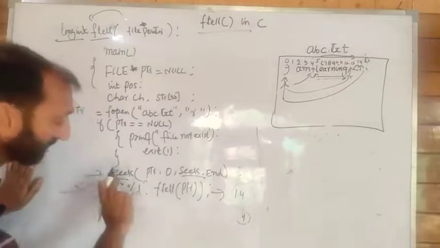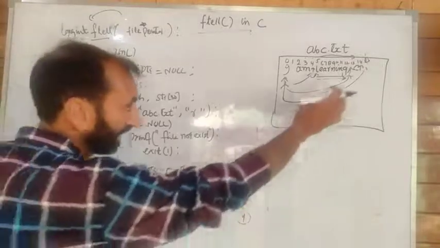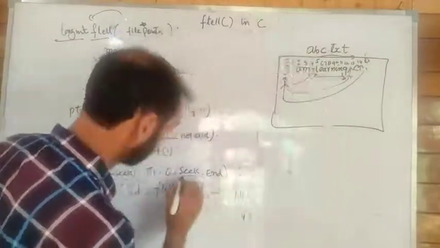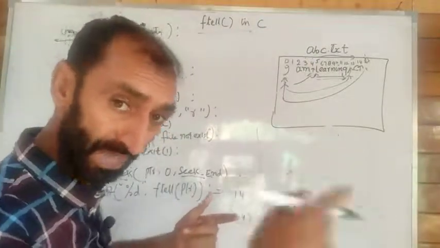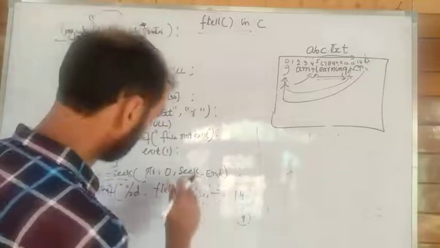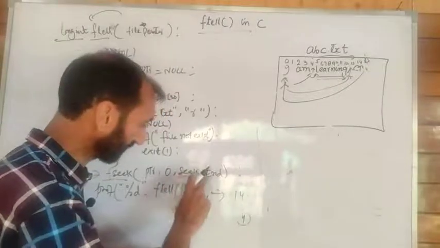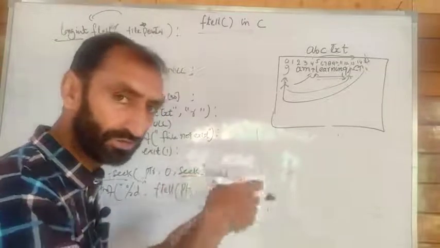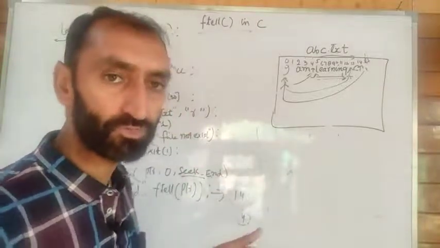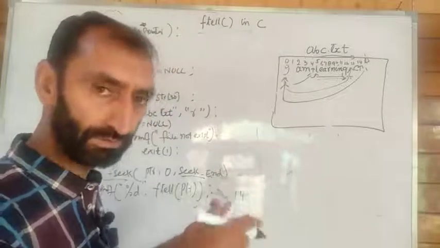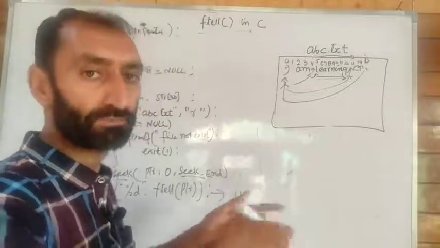Through the fseek function we move the file pointer; SEEK_END is used to move the file pointer from the end to anywhere, SEEK_CUR is used to move the pointer from the current position to anywhere, and SEEK_SET is used to move the file pointer from the beginning.